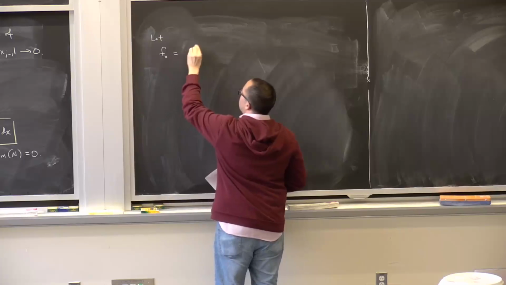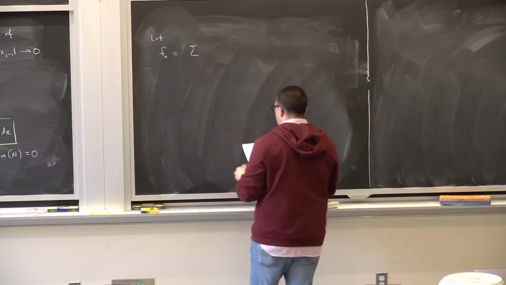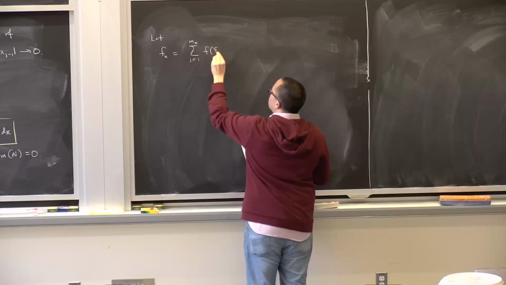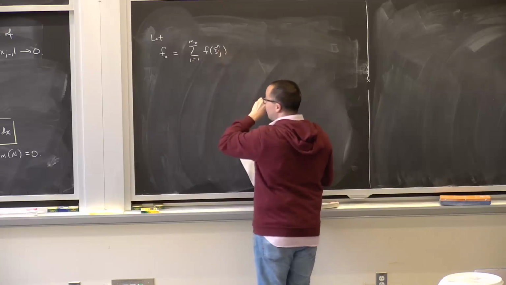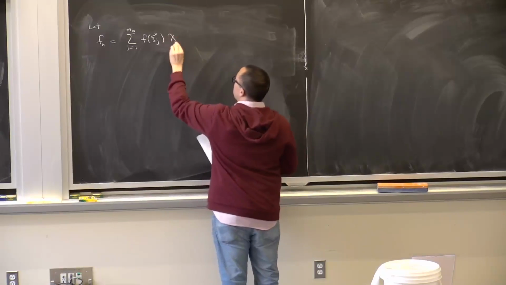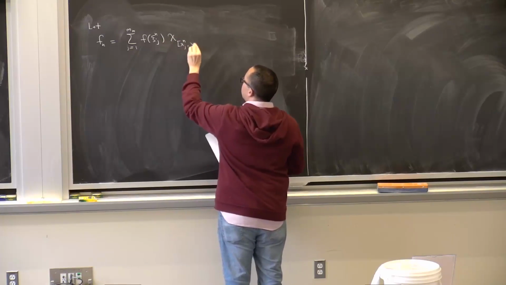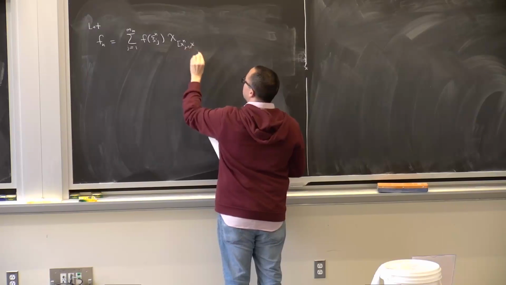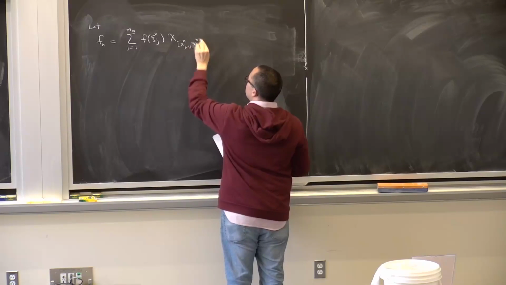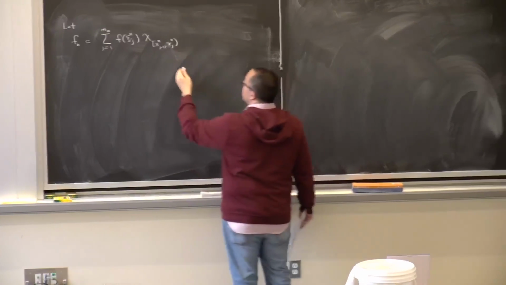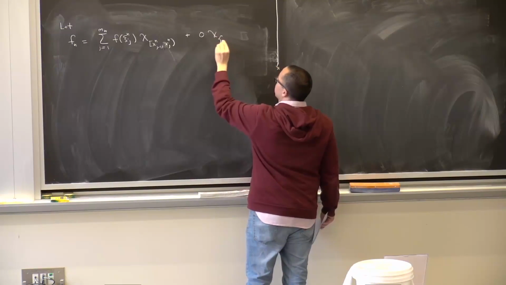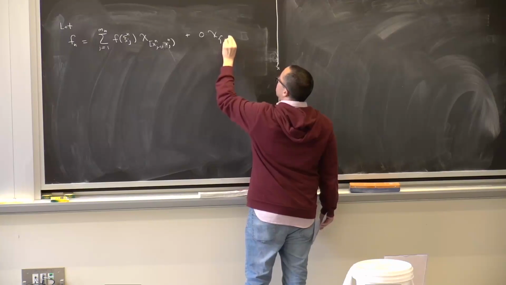Let Fn be the following simple function. This is the sum from j equals 1 to mn of f of c in j times the indicator function of the interval x in j minus 1, x in j, and then you could put plus 0 times the indicator function of the remaining set.